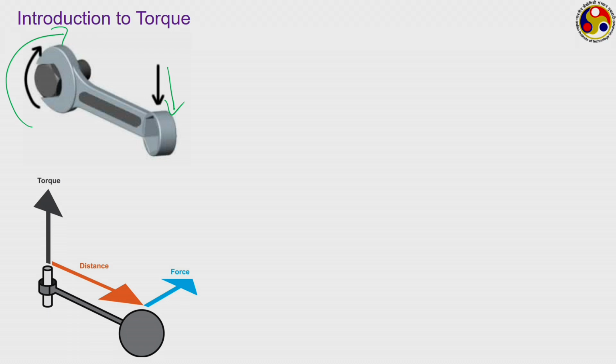Quite often we can relate this to a left hand thumb rule kind of situation, quite similar to what we do in electricals. If we place these three fingers of your left arm perpendicular to each other, then if the index finger gives you the direction of the force and the middle finger gives you the direction of the distance, then the thumb is going to give you the direction of the torque.